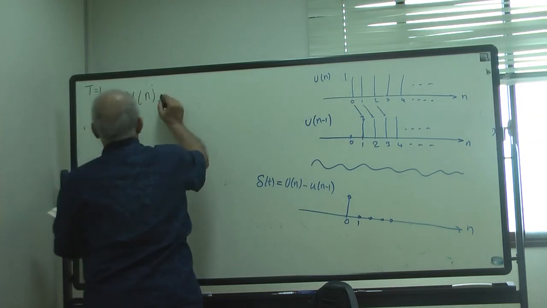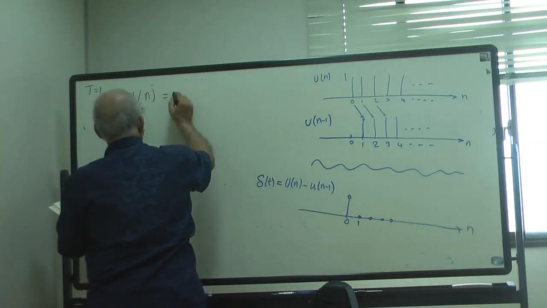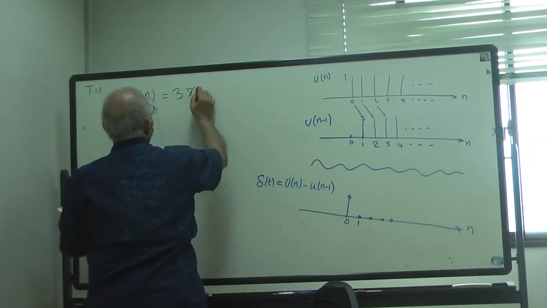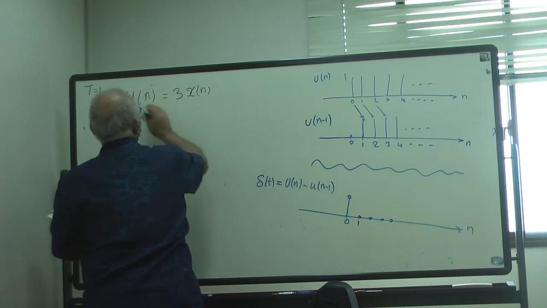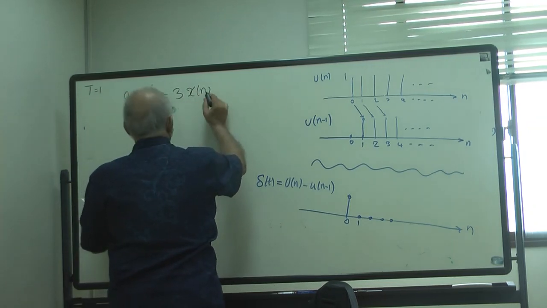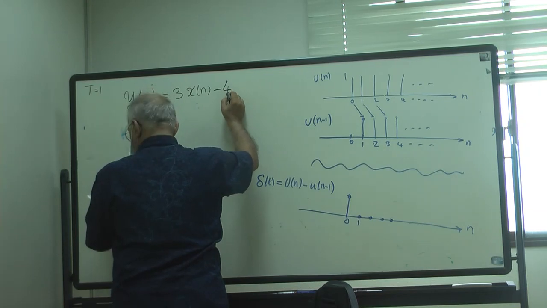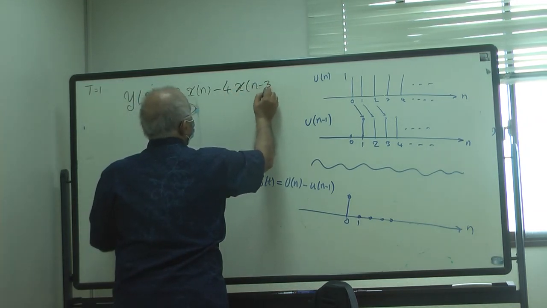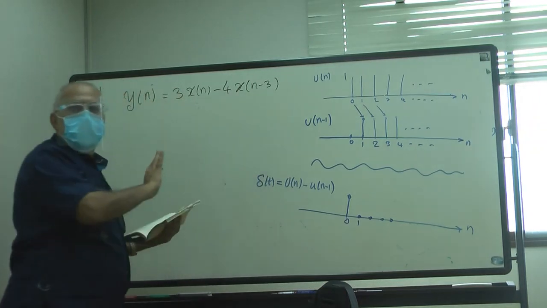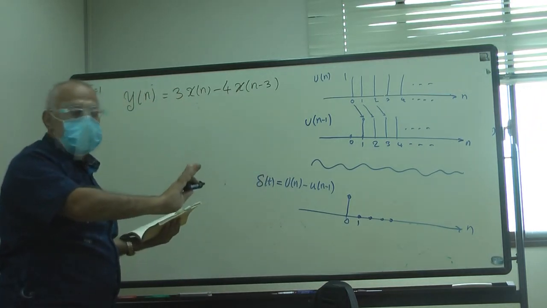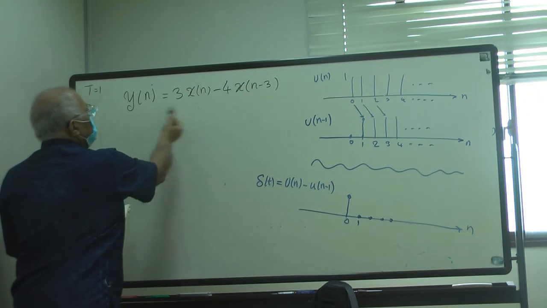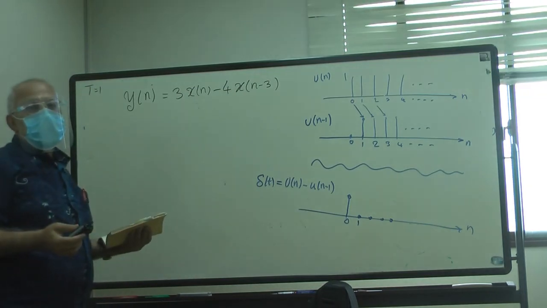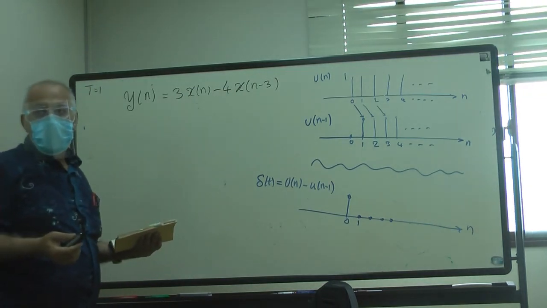So T is 3 x n. The output is 3 x n minus 4 x n minus 3. Minus 3 means the signal is shifted to the right. So it's such a signal, can you prove it?